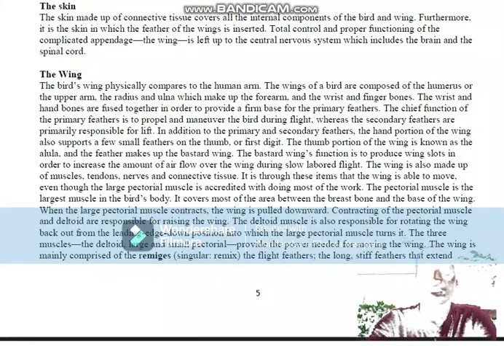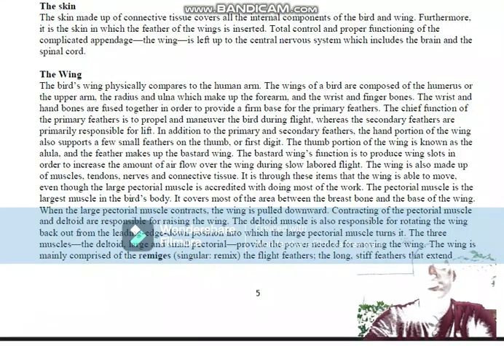Now, secondary feathers are primarily responsible for the lift. In addition to the primary and secondary feathers, the hand portion of the wing also has a part which supports small feathers on the thumb or the first digit.